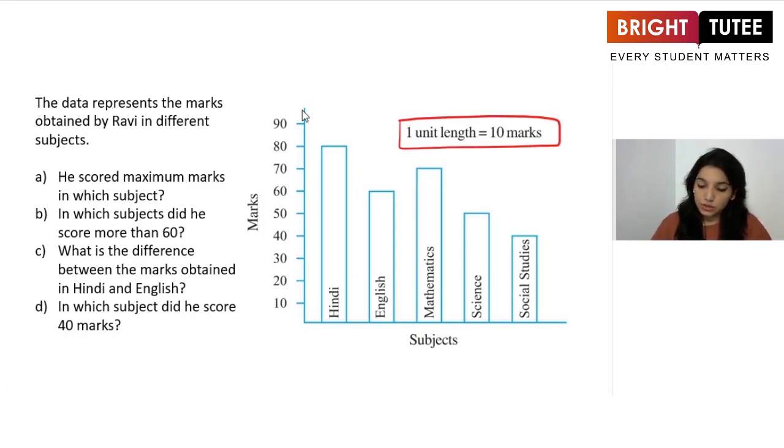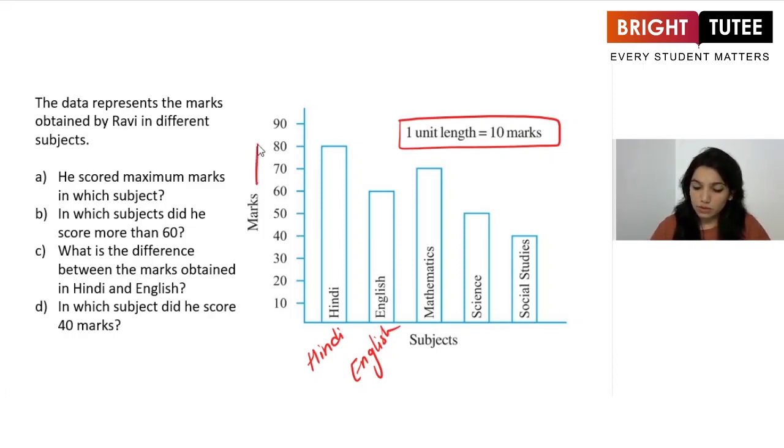Okay. So now, how many marks do you see he has secured in Hindi? So these are the subjects. Either you can write it here, Hindi, and here you write English, and so on, math, science, social science. However, it's also correct if you write these names in the bars itself, so it doesn't make any difference.